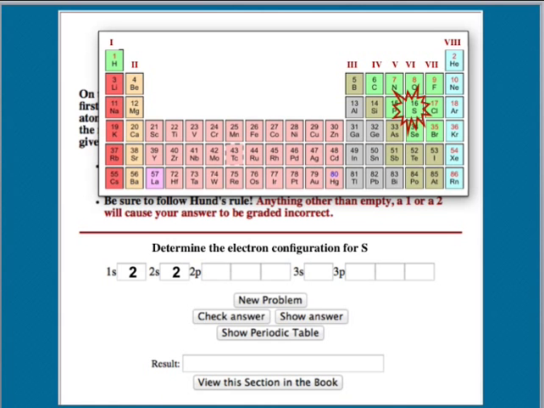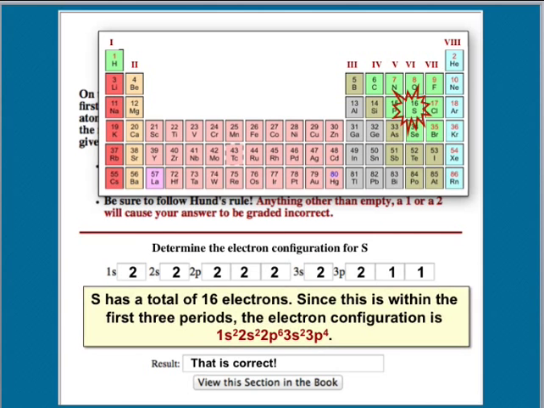We have 1, 2, 3, 4, 5, 6 over here, but they're 2 at a time. In our 3s, we have 2 electrons. And how many in our p's? Well, we have 1, 2, 3, 4. So we have to put these in as a pair and then 2 singles.